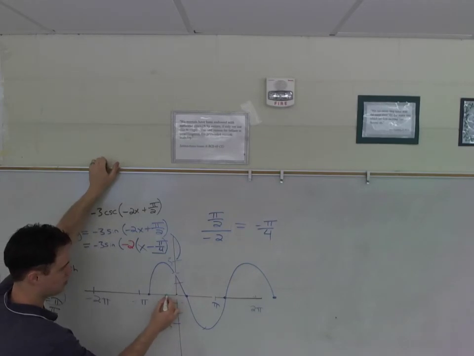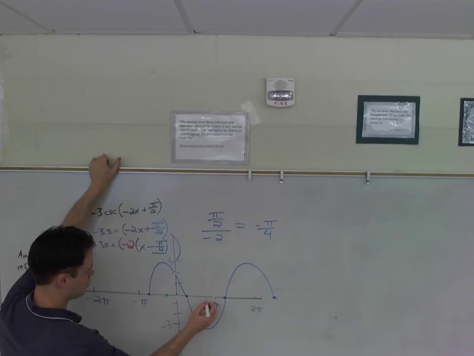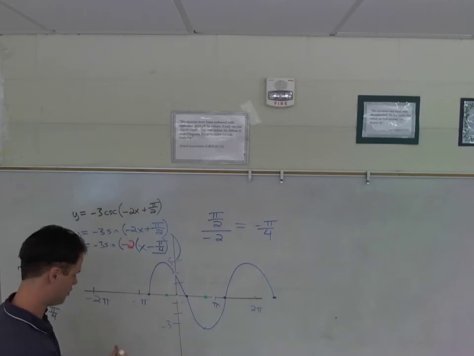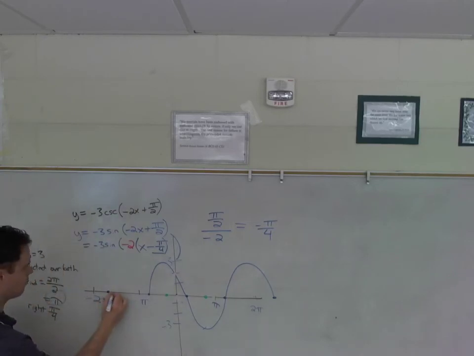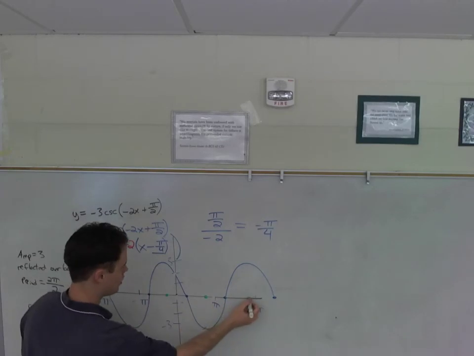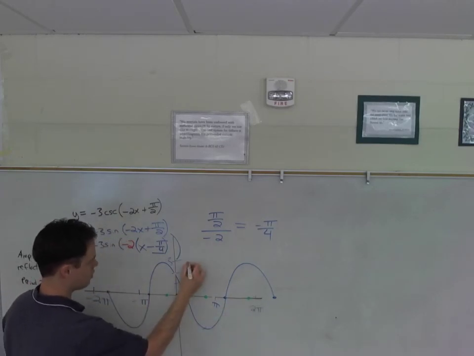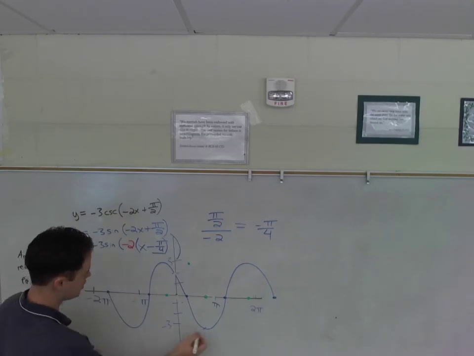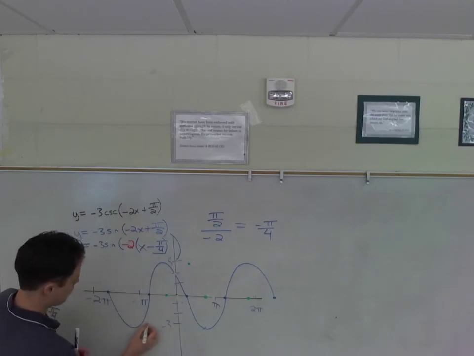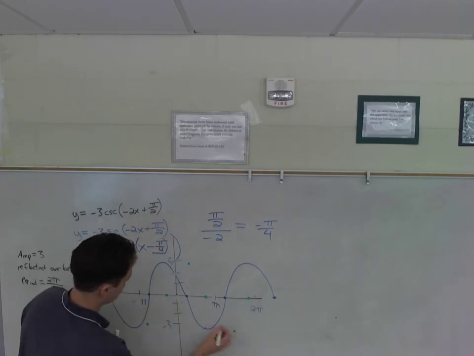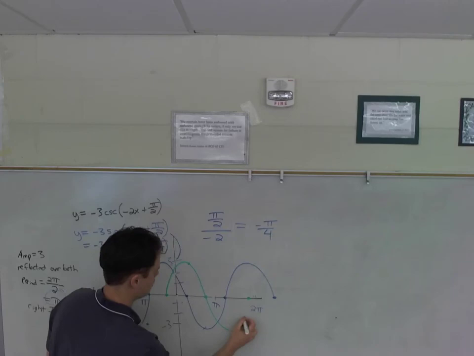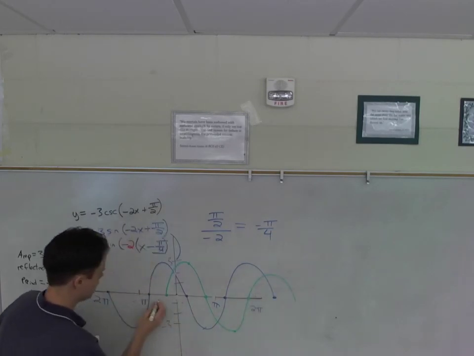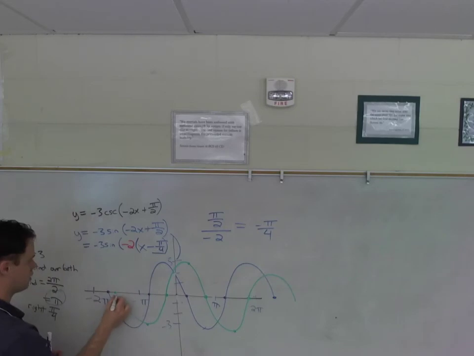This point gets flipped here. This point gets flipped right here. I'm going to draw this out a little bit more. There we go. This point gets flipped over to its cohort right here. This point gets flipped right here. You do as many as you need until you can really see it. This point gets flipped about right there, and this point about right there, and I can see it now. I have the pattern now, so I can get it.